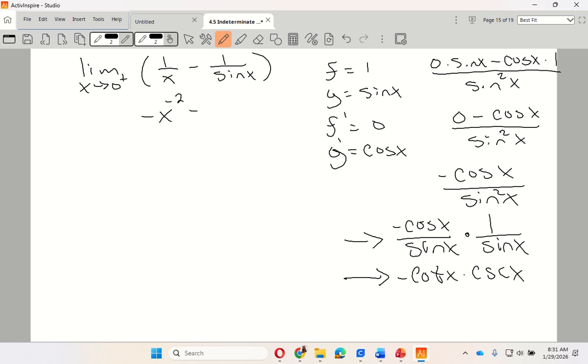Because I already have a minus sign out front, and I have a negative cotangent cosecant, it becomes a positive cotangent x cosecant x.